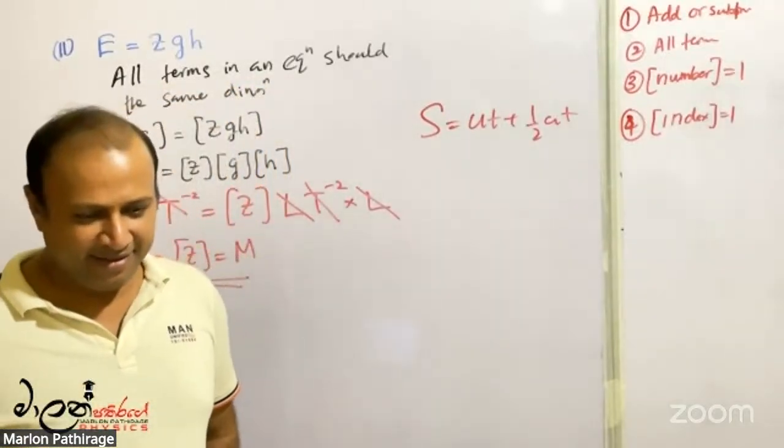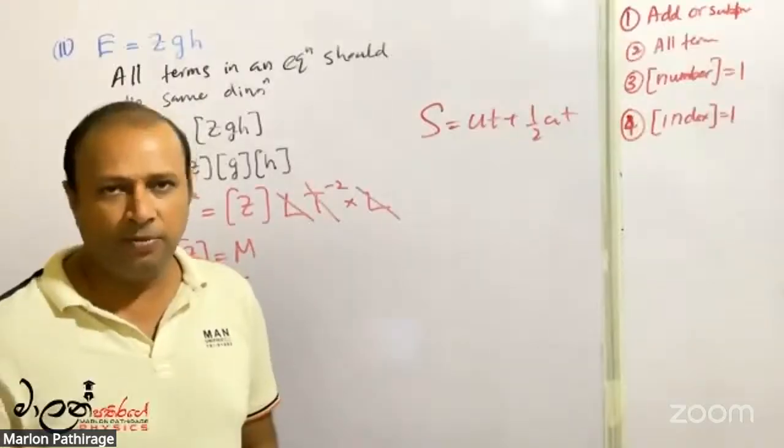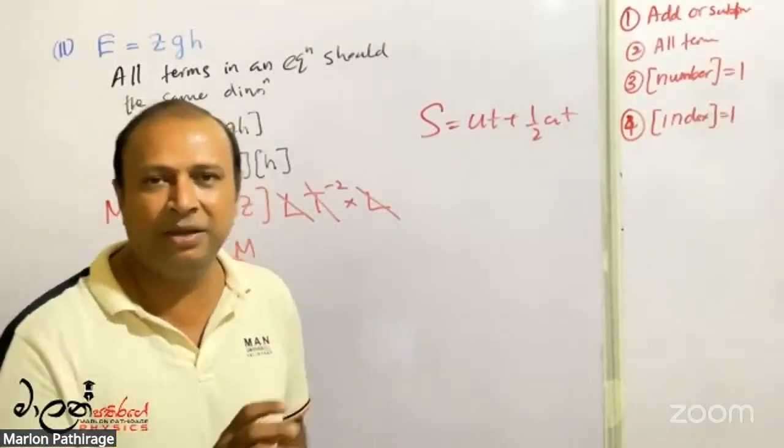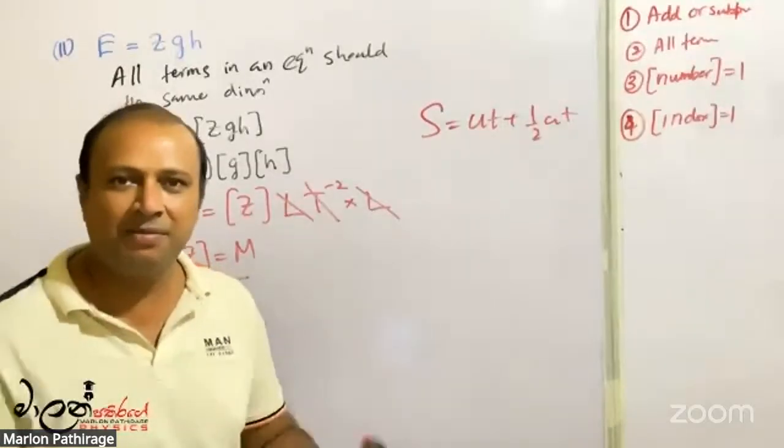So they are saying S is equal to UT plus half AT squared. Then the dimension of S and UT are equal. But if the dimension of AT and S were different, then it would be a wrong equation. You are not given a wrong equation to determine the dimension of some unknown physical quantity.